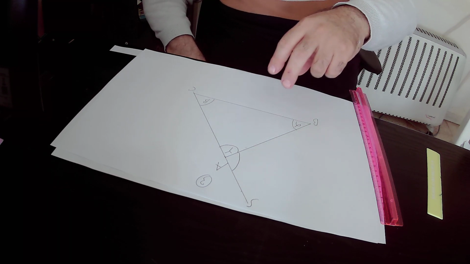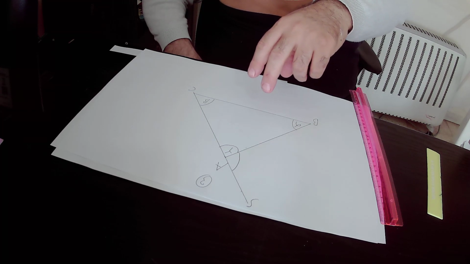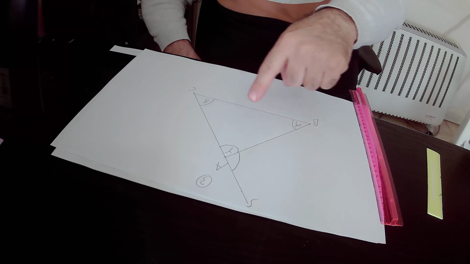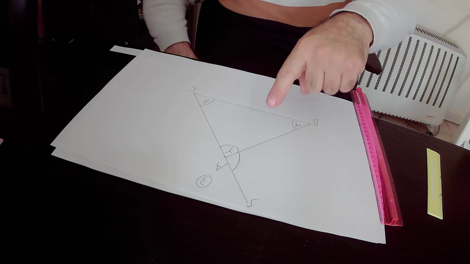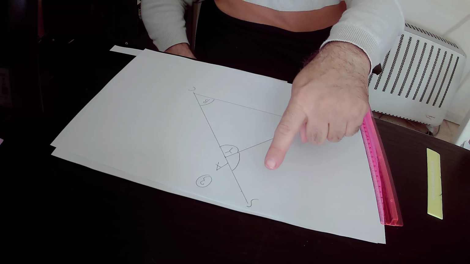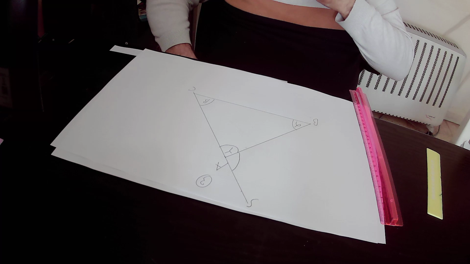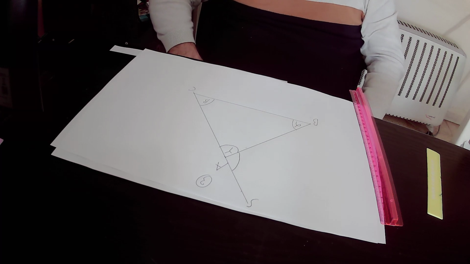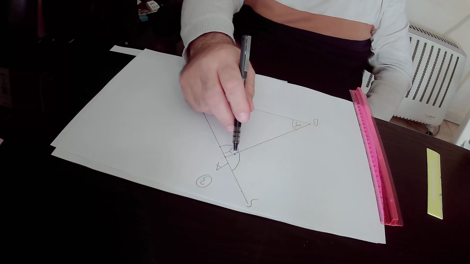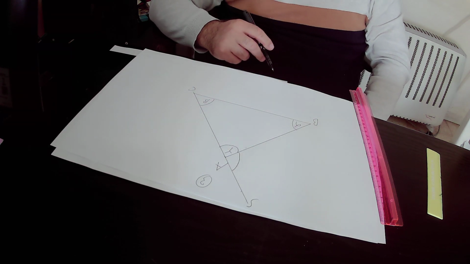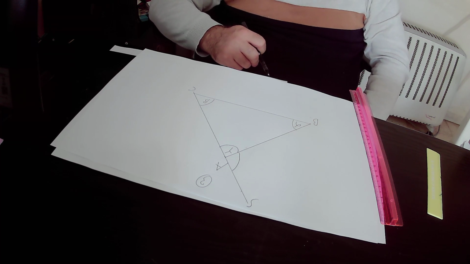Triangle ABC has 3 interior angles that are alpha, beta, and gamma, and it has the exterior angle SAB, and according to rule number 4, an exterior angle of a triangle, that is to say angle SAB, is equal to the sum of the angles that are not adjacent to it.